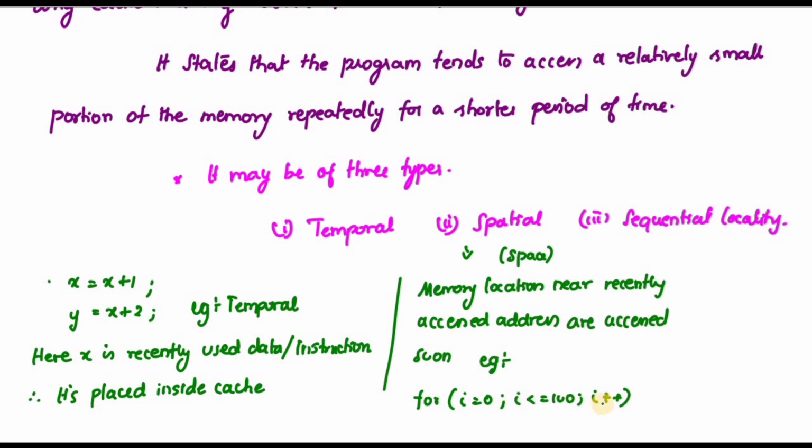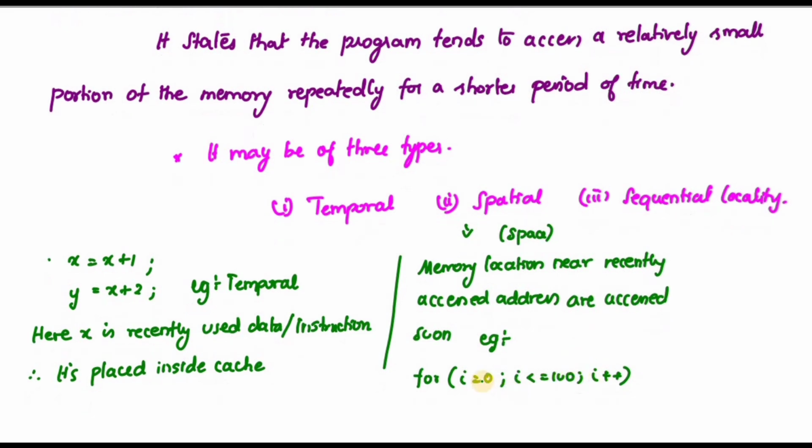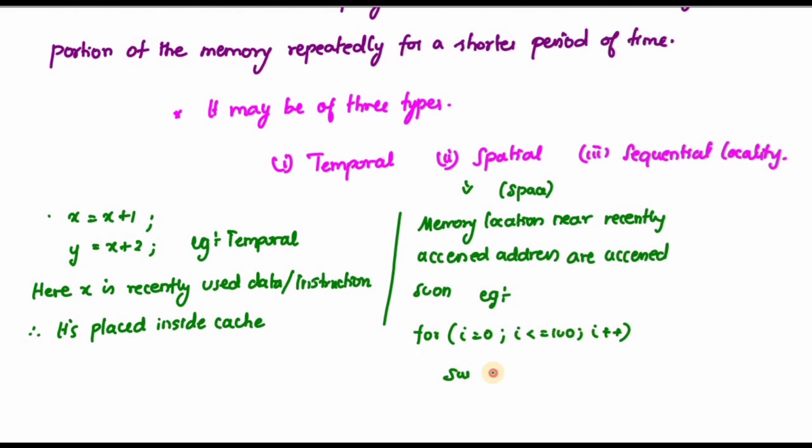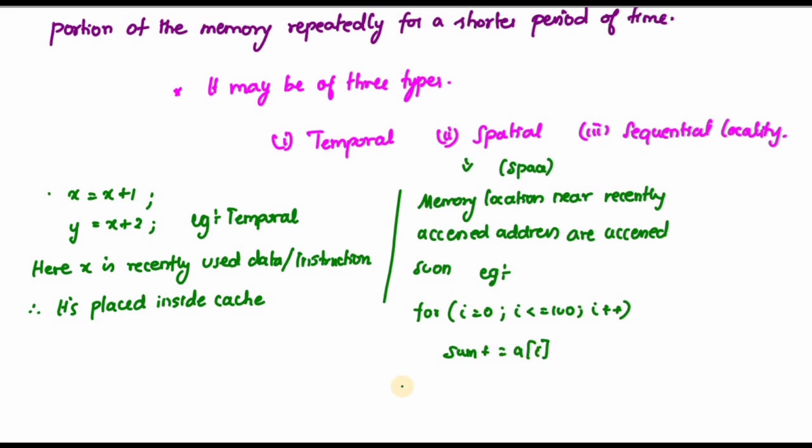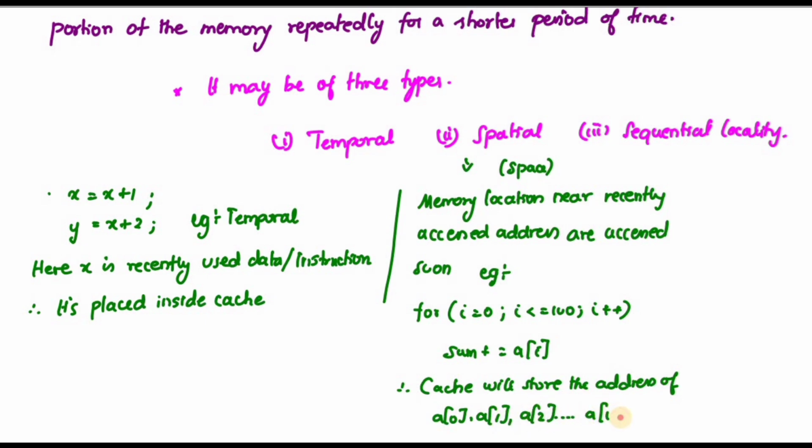Next one is spatial locality. It represents space. So here the memory locations which are nearly accessed, just recently nearly accessed, must be stored inside the cache memory. For example, for i equal to 0, i less than or equal to 100, i plus plus, sum plus equal to A of i.